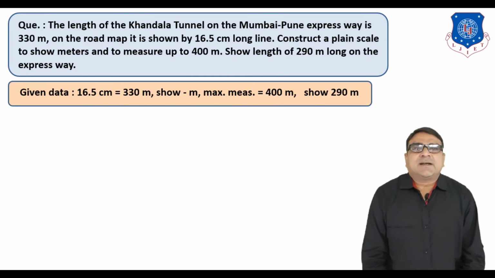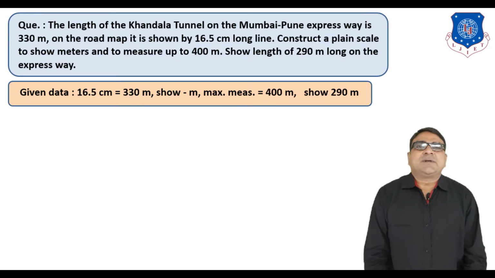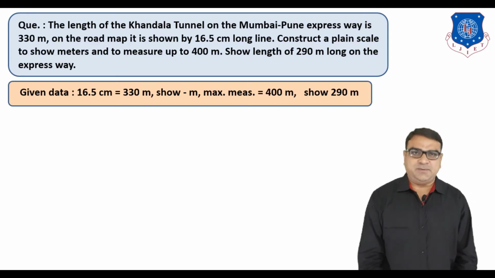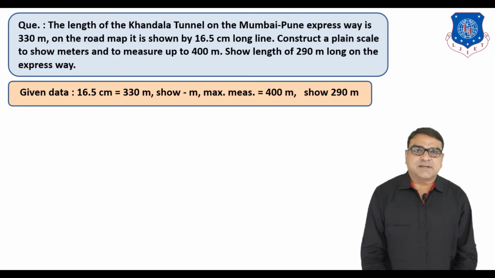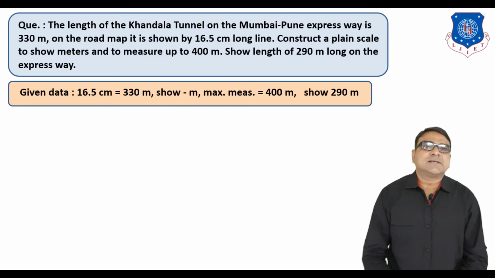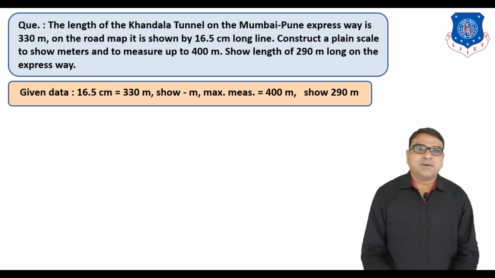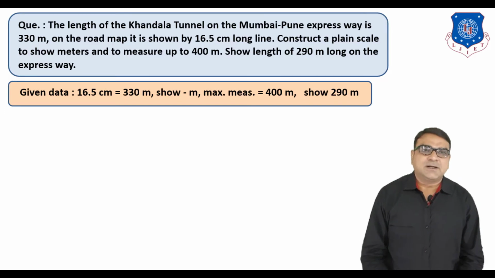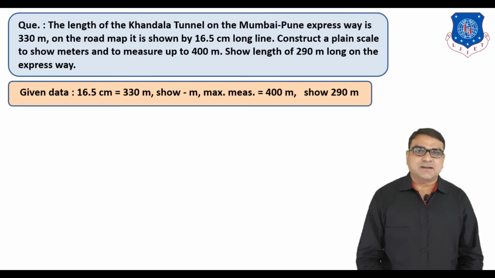So summarize the data. Given 16.5 centimeter is equal to 330 meter. Now we have to show only one unit, meter, in our plane scale. Our maximum measurement required in the scale is 400 meter, and we have to indicate a 290 meter distance in our plane scale.